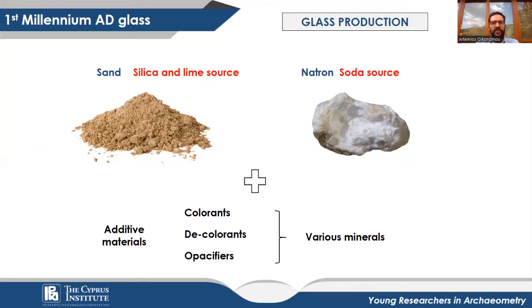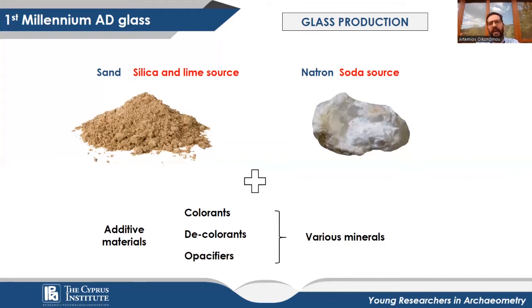Glass makers usually used pure sands, or to be more precise, sands with lower amounts of impurities, and only a few very specific areas in the Mediterranean had sands suitable for glass making, as was demonstrated by an ERC project led by Professor Patrick de Vries at Leuven University a few years ago. Soda is derived from natron, which is a mineral source of soda, as we will see in the next slides.